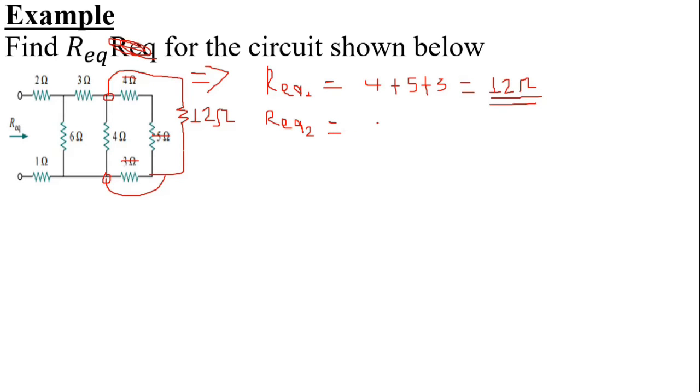So 12 ohm times 4 ohm over 12 plus 4, that's 16 ohm. So this can be calculated as 12 times 4, it is 48. So 48 over 16, that is 3 ohm.